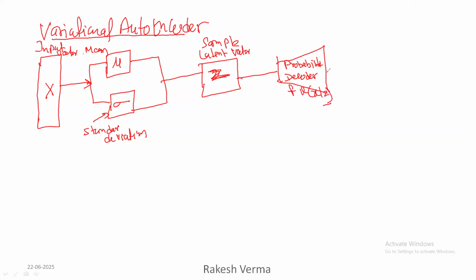This is the conditional basis, and then it gives the reconstructed image or reconstructed output. In this way the variational autoencoder works. It uses different laws and probability, so it is computational mathematics, but the motive is similar to the denoising autoencoder, with a more recursive approach and fewer computational resources.